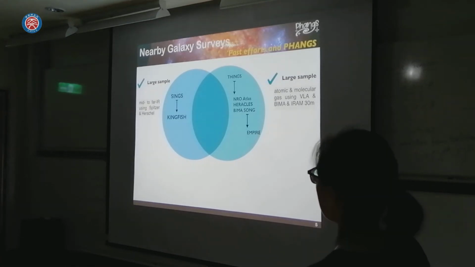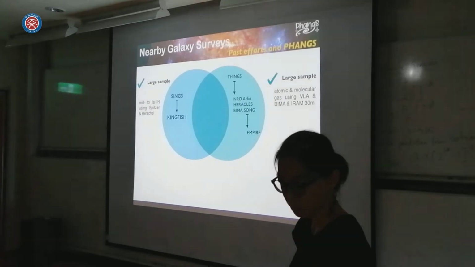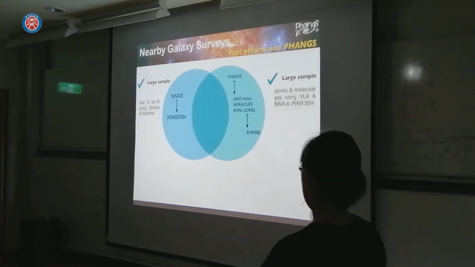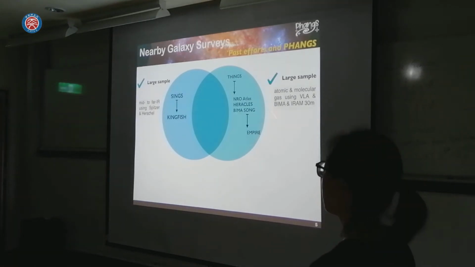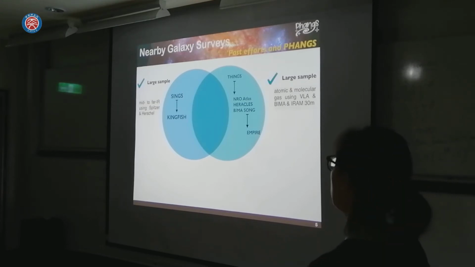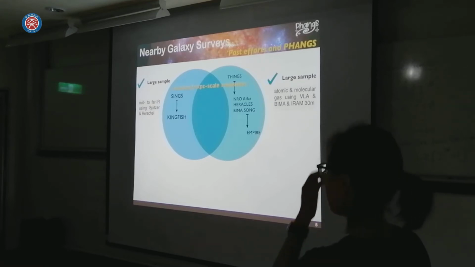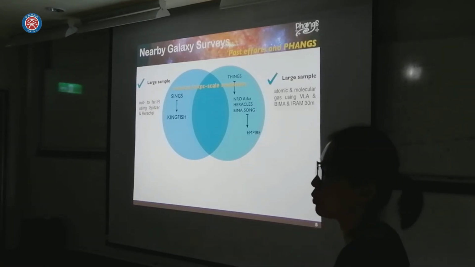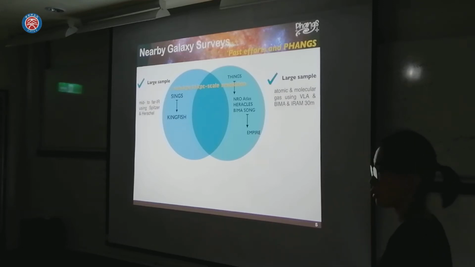They observed galaxies in the mid to far infrared using Spitzer and Herschel. These surveys have relatively large sample sizes, from 10 to several tens of galaxies, but relatively low physical resolutions, from about sub-kpc to kpc scale. So this is not enough to resolve the star formation process in nearby galaxies.